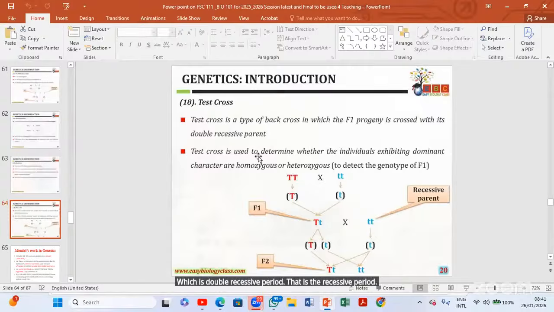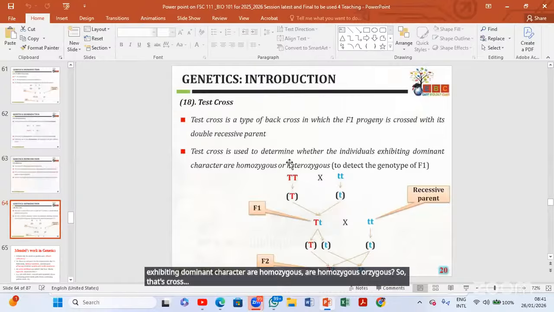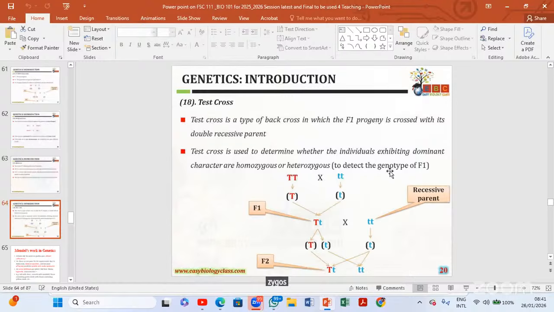Test cross is used to determine whether the individual exhibiting the dominant character is homozygous or heterozygous. So I said it is done to determine the zygosity of the F1 offspring.